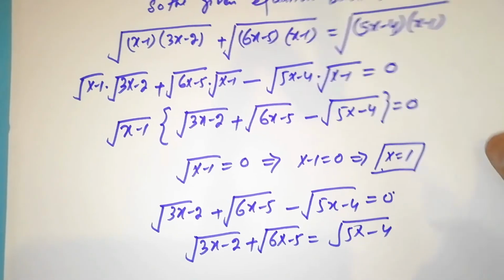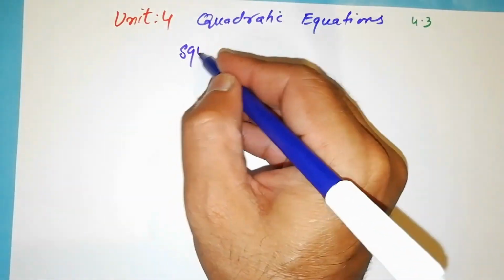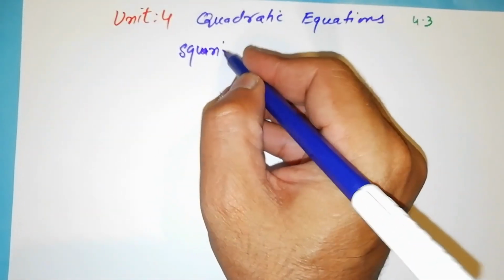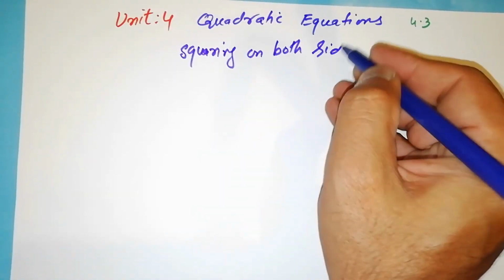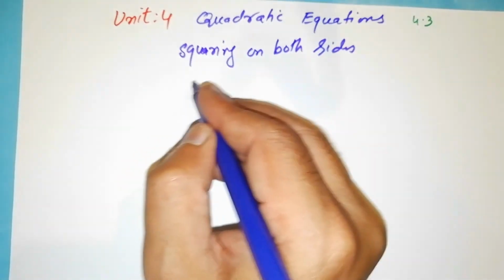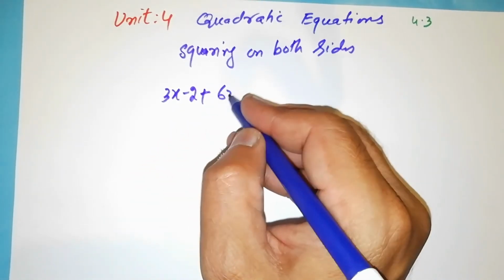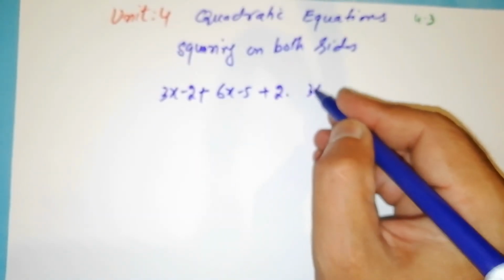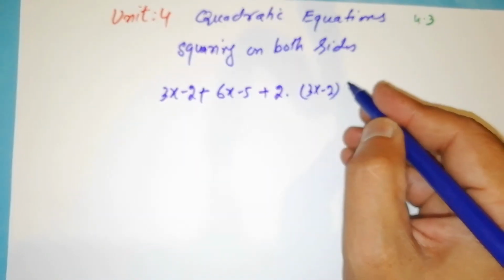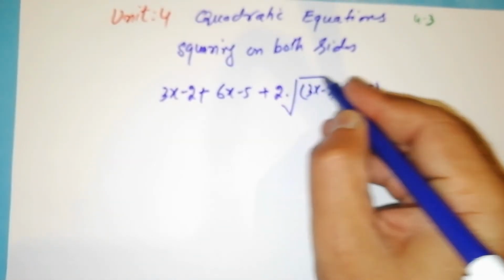So therefore squaring on both sides, we have 3x minus 2 plus 6x minus 5 plus 2 times 3x minus 2 and 6x minus 5, its square root.